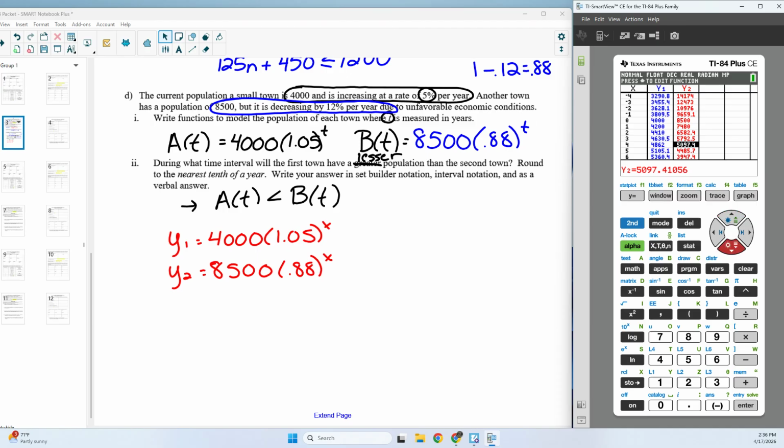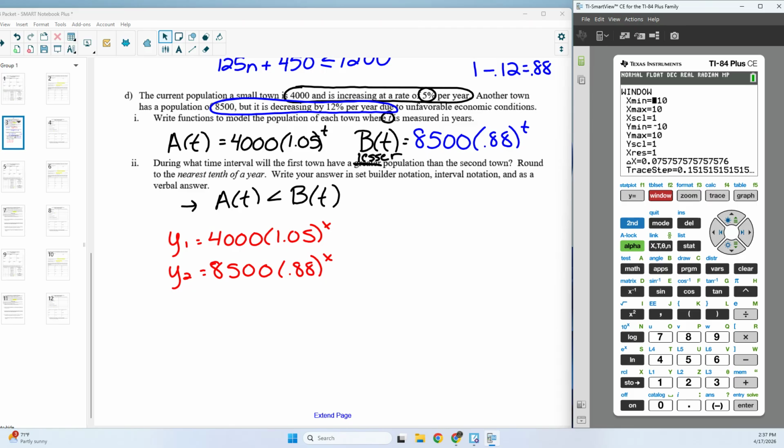I want to see when population 1 is smaller than population 2, so that seems like it's for about the first 4 or 5 years when I look at it. So when I do my window, my x is good, except I don't really want a lot of negative time. So I don't really need to see back to -10.